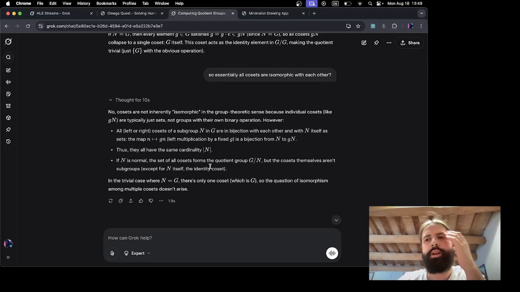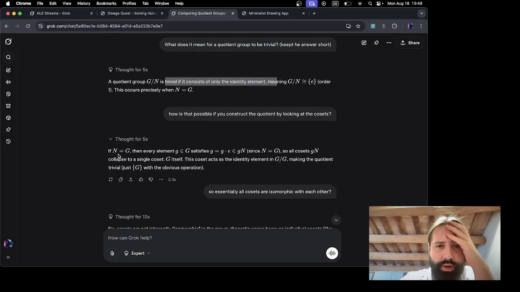I need to understand that. I know it's maybe not relevant to the problem, but it bothers me right now, because it's the group-theoretic sense. So if N equals G, then every element g satisfies g equals g times the identity, and that belongs to gN. So all cosets gN collapse to a single coset, G itself, yes.